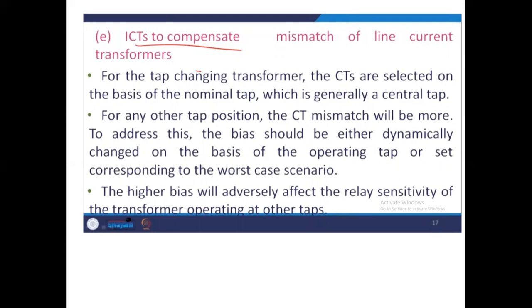However, sometimes in the actual field they do not connect the delta side CTs in star and the star side CTs in delta; they connect both sides in star-star.